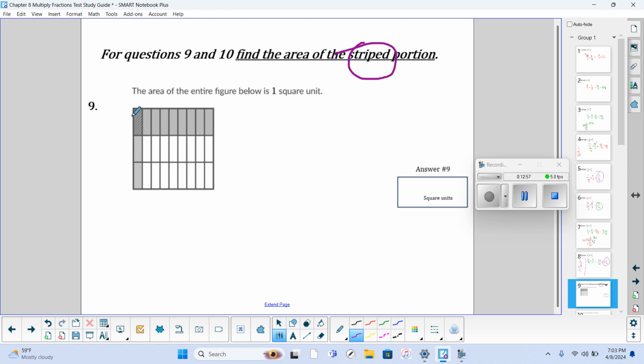If the area of this entire figure is 1, and if you look at it, it's broken down into 1, 2, 3, 4, 5, 6, 7, 8, 9, 10, 11, 12, 13, 14, 15, 16, 17, 18, 19, 20, 21, 22, 23, 24, 25, 26, 27 pieces. So just by looking at it, 1 out of 27 are shaded in, okay?